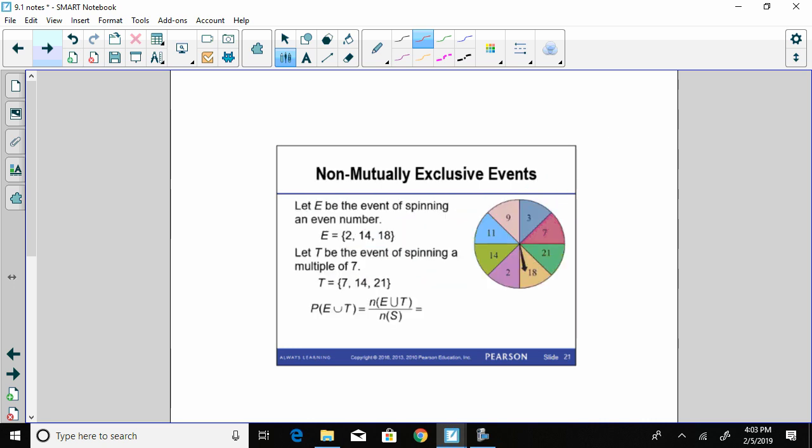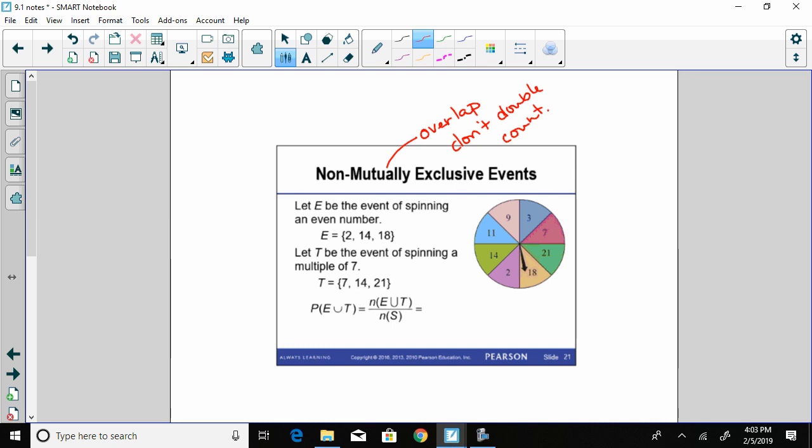Okay? Now, non-mutually exclusive events. In other words, now we're going to have something that has some kind of an overlap. You don't ever want to double count, okay? Don't double count this. All right, so take a look at our spinner here.